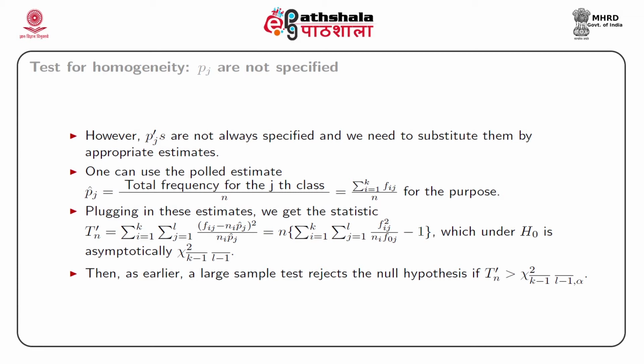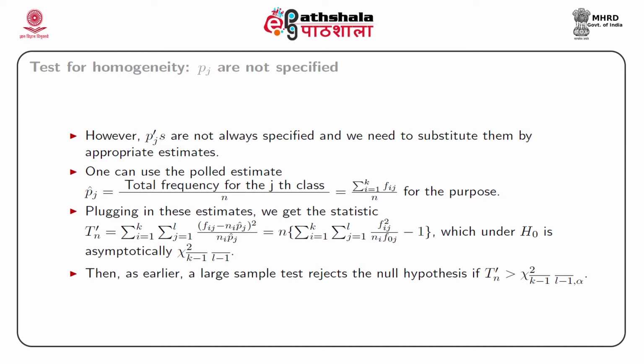So plugging in these estimates, we get the statistic Tn dash, which can be equivalently expressed as n times summation i from 1 to k, summation j from 1 to L, Fij square divided by ni f naught j, minus 1, which under H naught is asymptotically a chi-square variable with degrees of freedom k minus 1 multiplied by L minus 1.